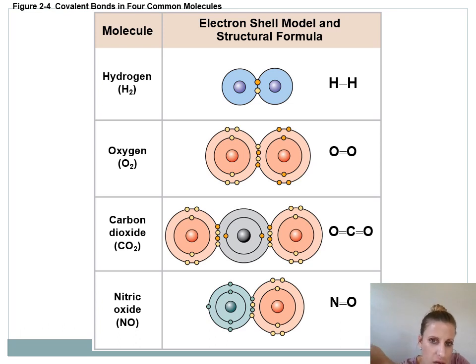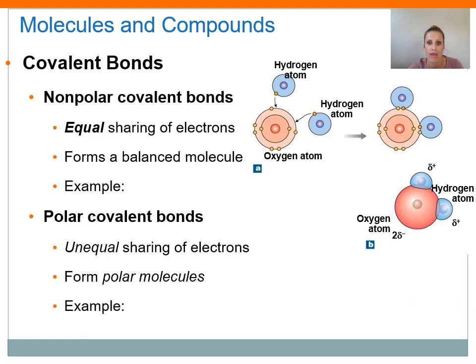This guy has 1, 2, 3, 4, 5, 6, 7, 8. So he's happy. And then the same thing with this one over here. He has 1, 2, 3, 4, 5, 6, 7, 8. They're just sharing more electrons in this case to try and fill up their valence shell or their outermost shell. So these are covalent bonds.